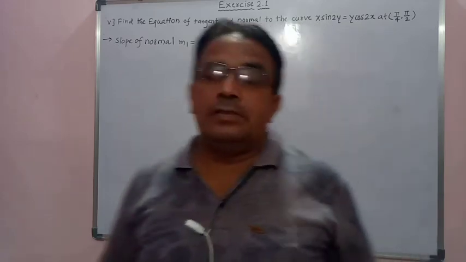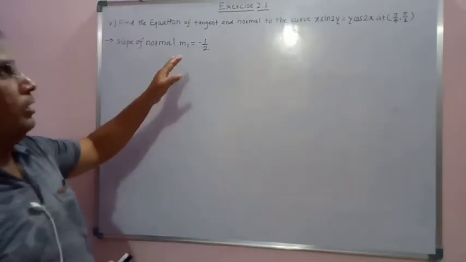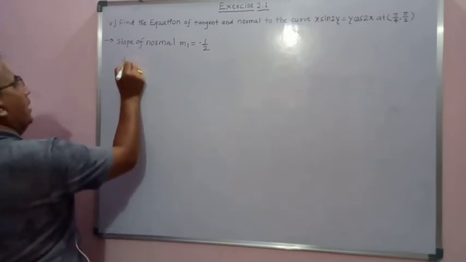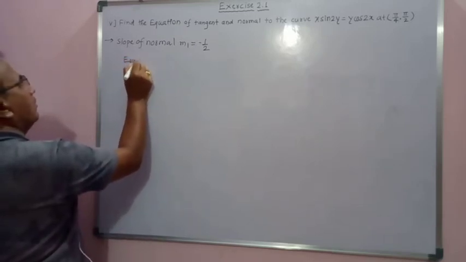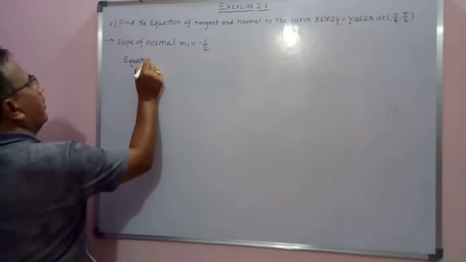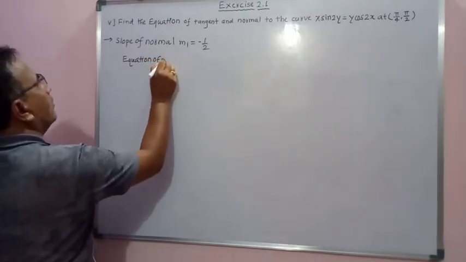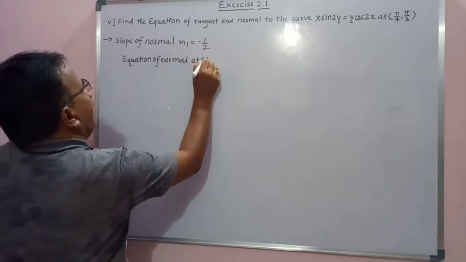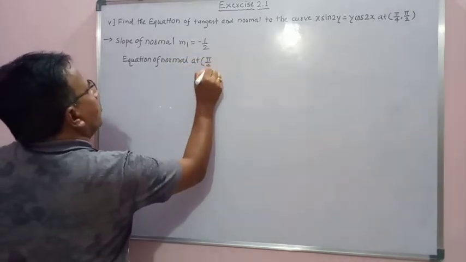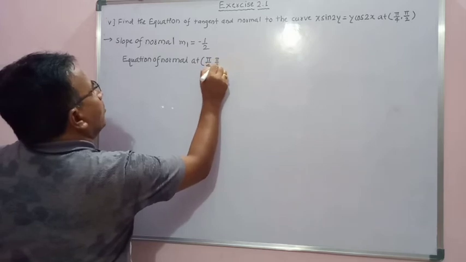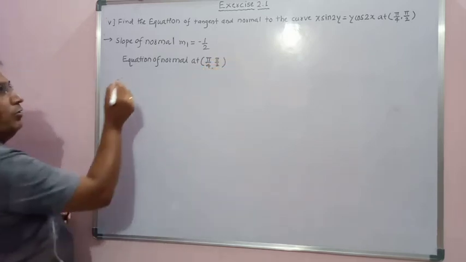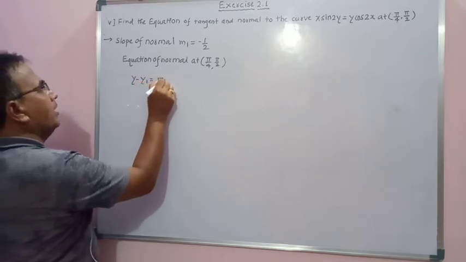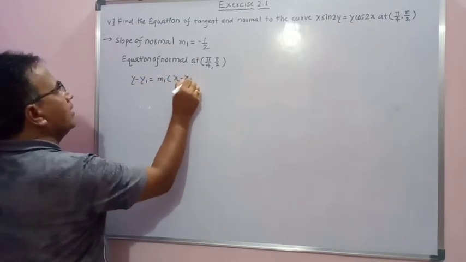And the next condition: the slope of normal m1 equals minus 1 by 2. Equation of normal at the point pi by 4, pi by 2. Therefore, y minus y1 equals slope m1 into x minus x1.